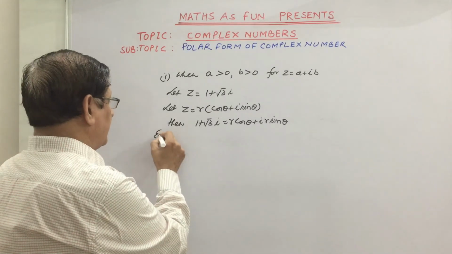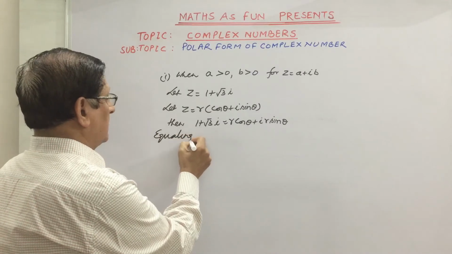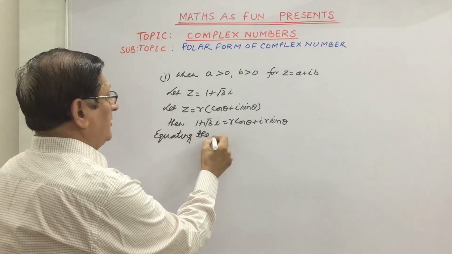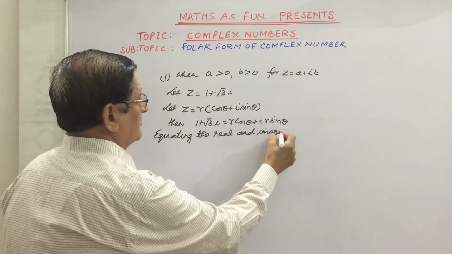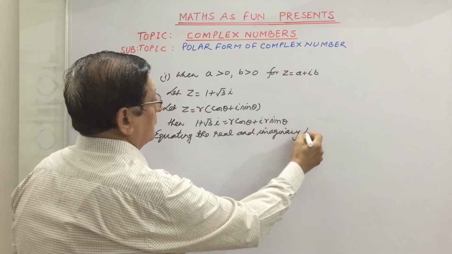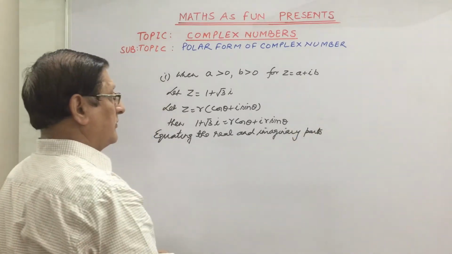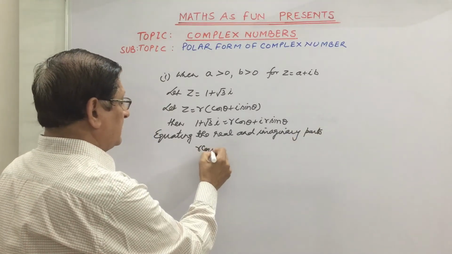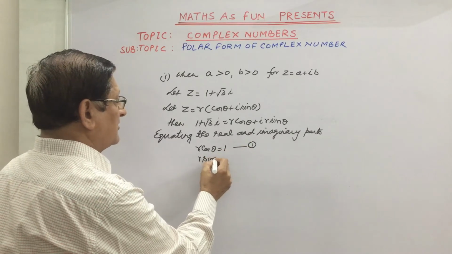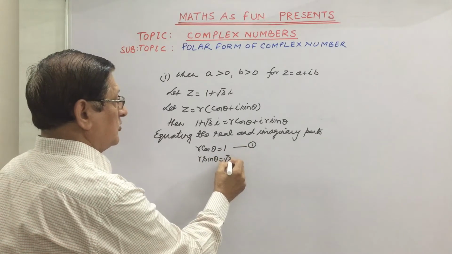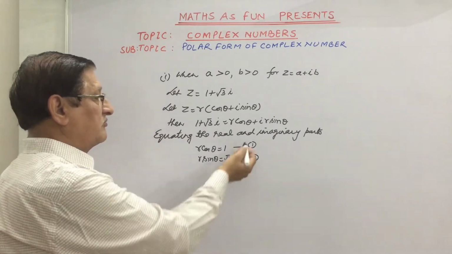So we write that equating the real and imaginary parts, r cos theta is equal to 1 and r sin theta is equal to root 3. This we can take as equation number 1 and 2.